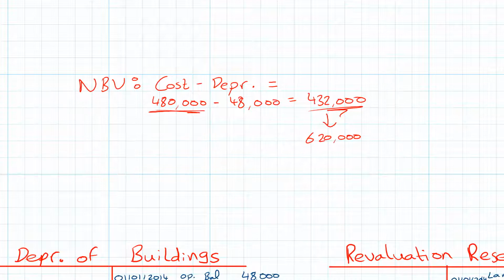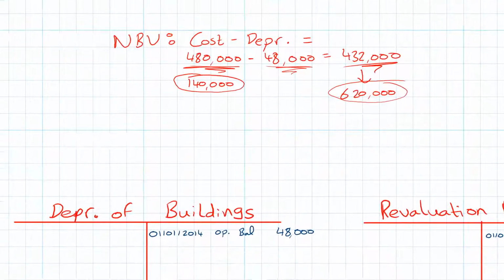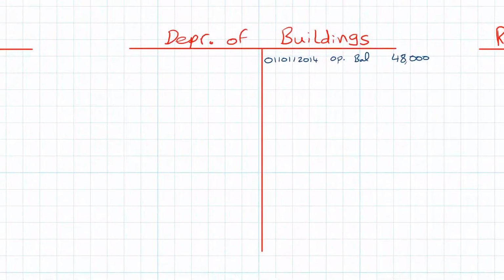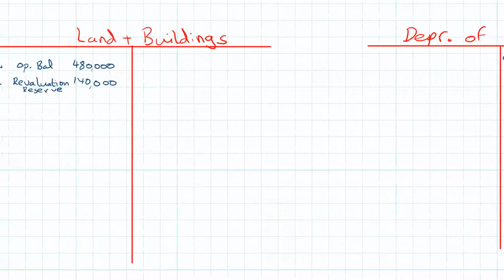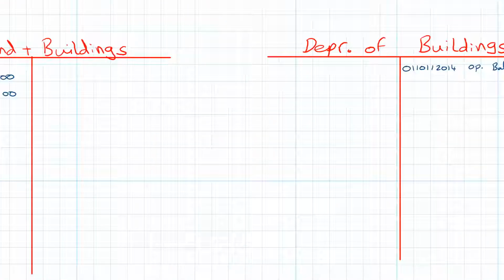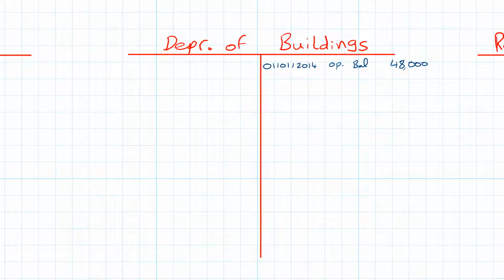So it's not just enough to just add our 140,000, because if we add 140,000, that's not going to bring us to our 620 based on what it's actually worth. So we also have to include our 48,000 into a revaluation, and that will make up everything we need to make the 620. So we can think of it in net book value, or we can simply just think of it in terms of the process: we always need to empty our depreciation of buildings account, or our depreciation of fixed asset account, whenever we are revaluing something.